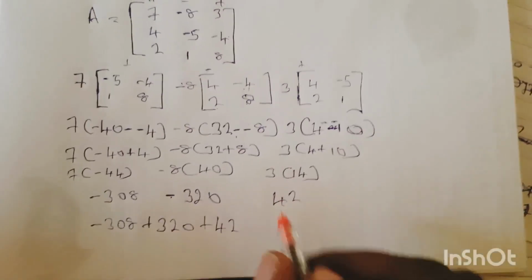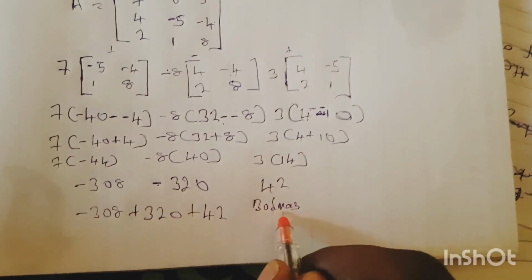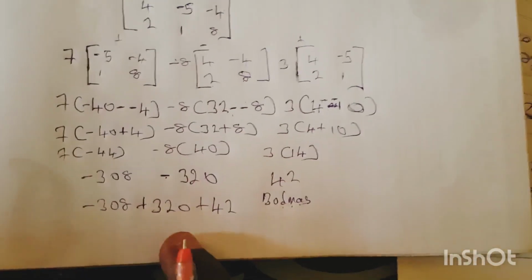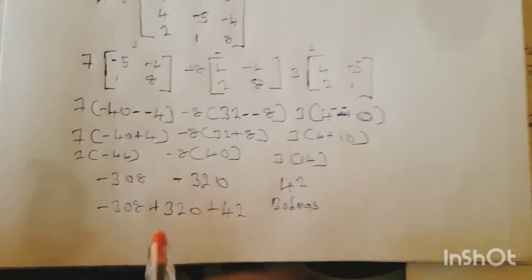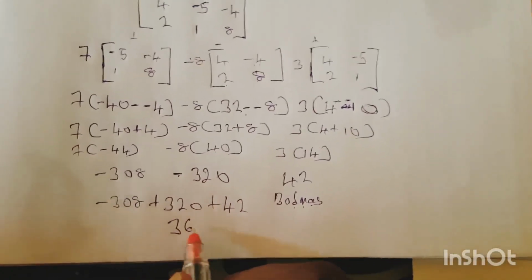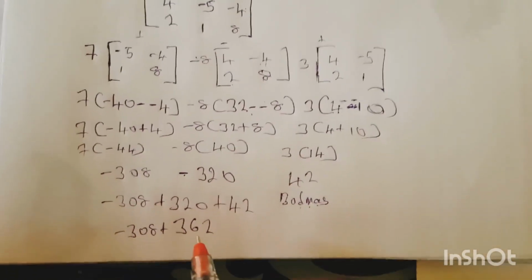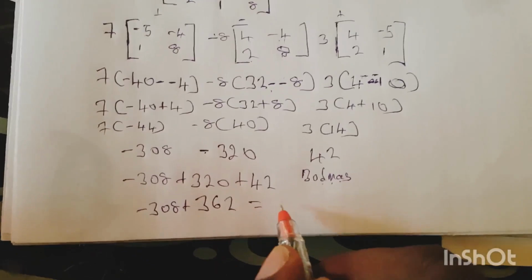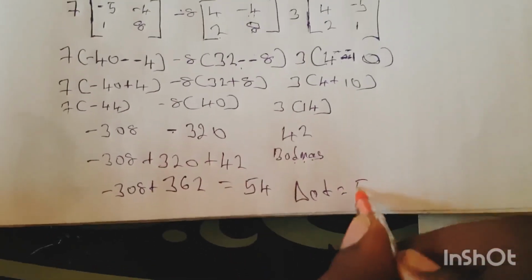Now we are going to use BODMAS: division, multiplication, addition, subtraction. So addition comes before subtraction. We are going to add these two first. 320 plus 42, that is going to give us 362. So minus 308 plus 362 is going to give us 54. So our determinant is equal to 54.